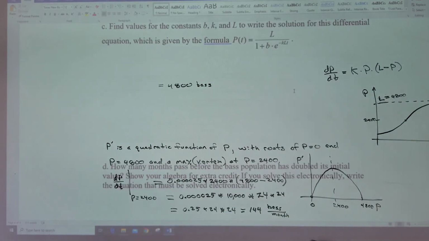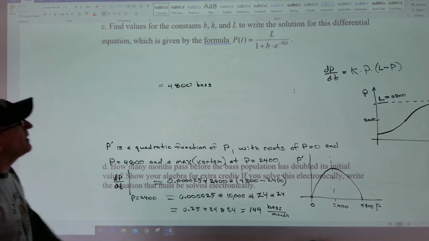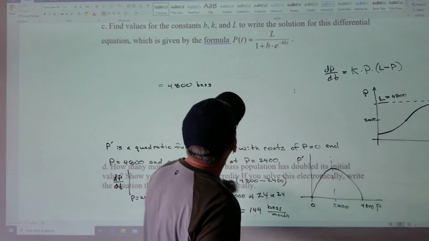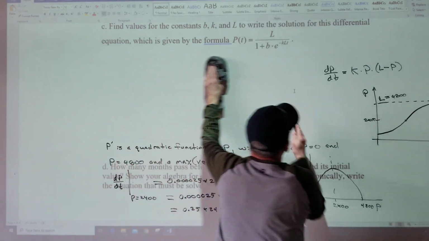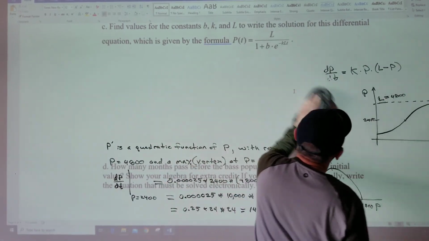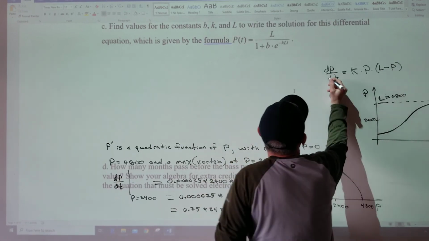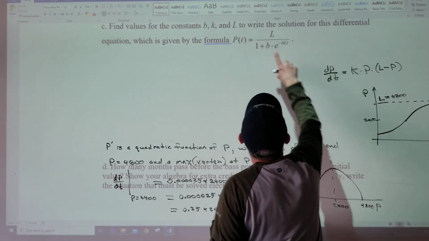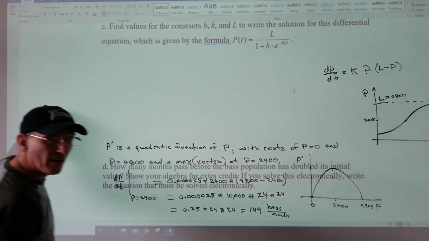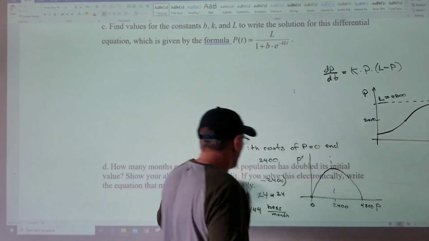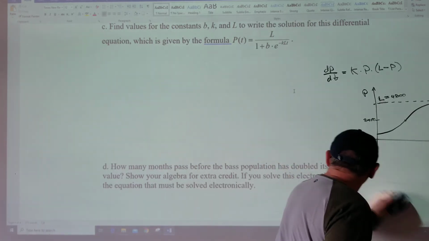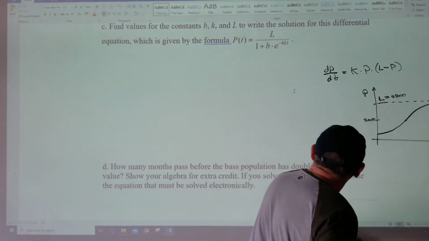Okay, part C. Find the values of B, K, L, etc. to write the solution to this differential equation, which is given by this formula. I want my students to memorize that formula and know how to make all the constants. I think that's a pretty standard expectation.